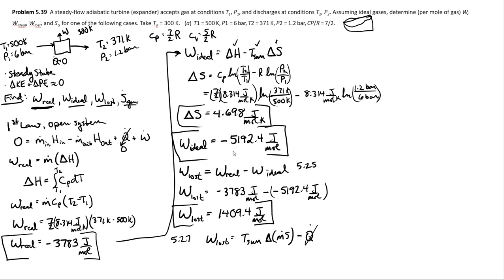We know Q dot is equal to 0, so we could plug this in. T surroundings is 300 Kelvin. And what is our delta S? Our delta S is 4.698 joules per mole Kelvin. If I take 300 times 4.698, I get the same answer.